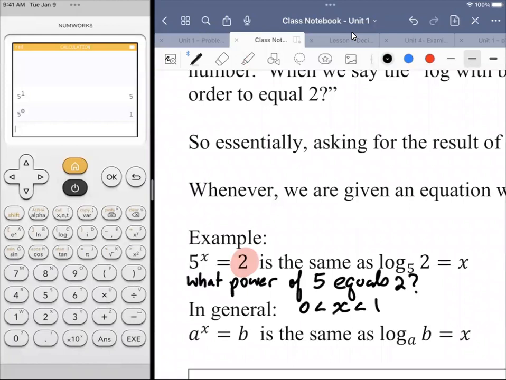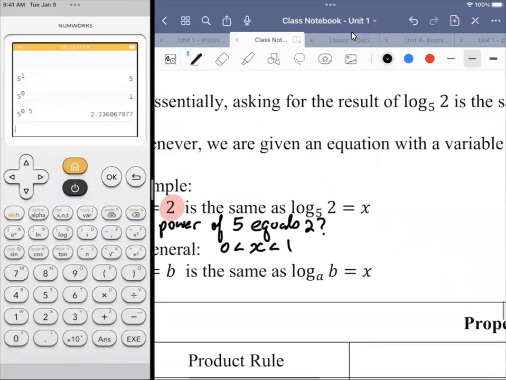Maybe it's 5 to the 1/2 power. Well, that's 2.236. All right. So even that's too big. So now I would say, all right, well, scrap that. It's actually between 0 and 1/2, because 1/2 gave me a number too big.